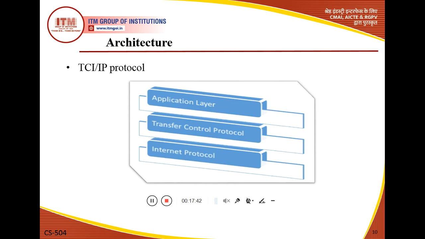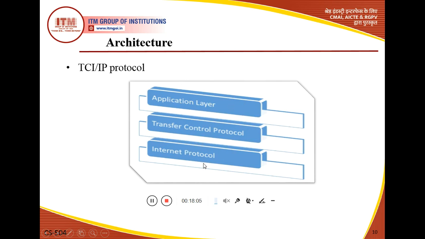Why do we define this architecture in terms of a layered architecture? Because in the layered architecture of the internet there are 3 types of layers. The first layer is the internet protocol, the second layer is the transfer control protocol, and the third layer is called the application layer.